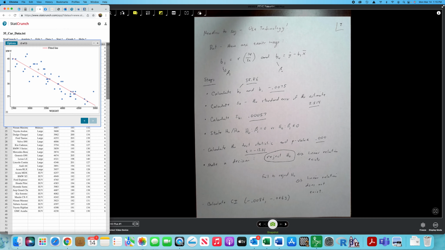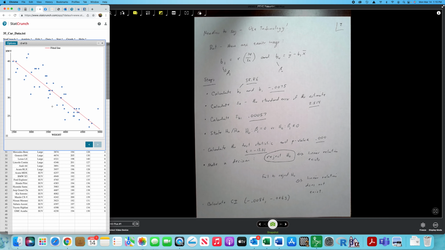And we get a visual, and it's easy to see from the visual that the straight line that we've modeled our data with does appear to be linear. It looks like it fits the data well. And so it's no surprise that we rejected the null, right?